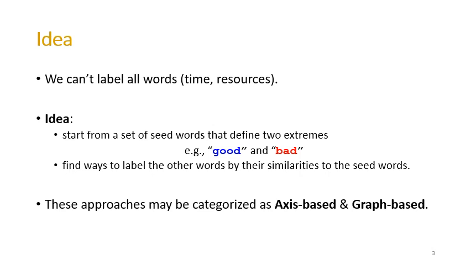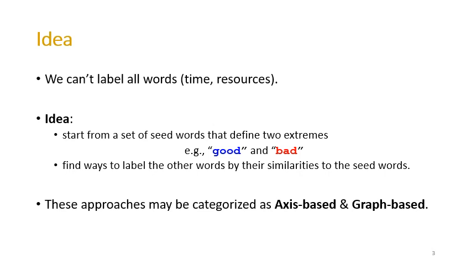Now, after we have those seed words, we're going to find ways to label the other words based on the similarities with the seed words. So if a word is very similar to good, you might say that probably the word is also positive. If another word is very similar to bad, then you can say that I think this word is negative.